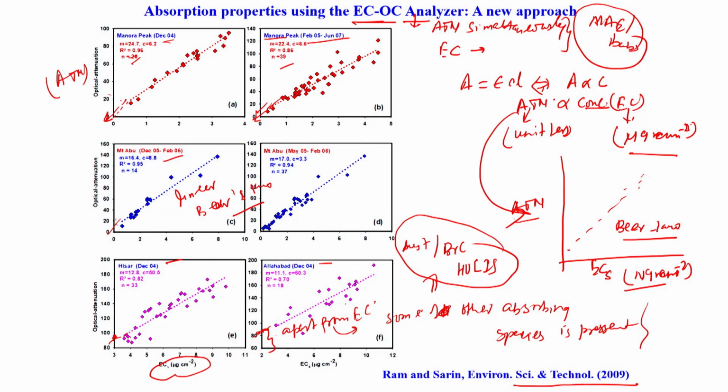So, the point is that don't use the instruments as a black box. Read their instrumentation techniques, what they are actually measuring, what principle they are using, and always try to see whether you can calculate some other parameter using these numbers, because if you can get some other parameters calculated, that will always be beneficial to you.